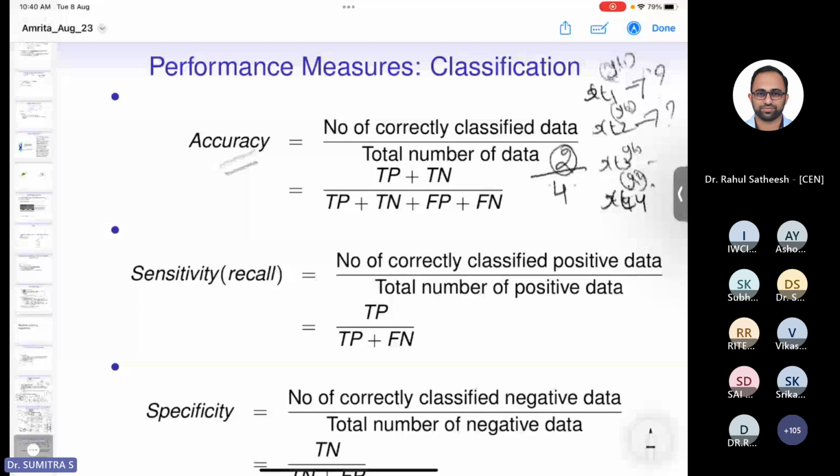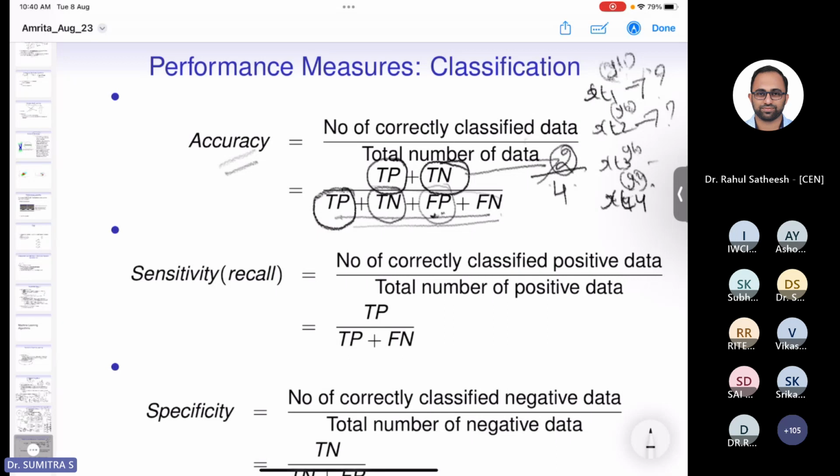Or else it is the same as how many it correctly said as positive plus how many it correctly said as negative, that is 2. The total data consists of some correctly predicted as positive, some correctly predicted as negative, some actually negative but predicted as positive, the false positives, and so on. We can divide the entire data into these groups.